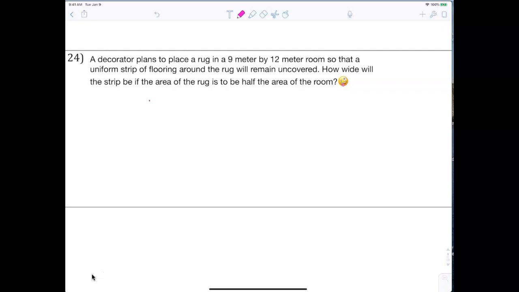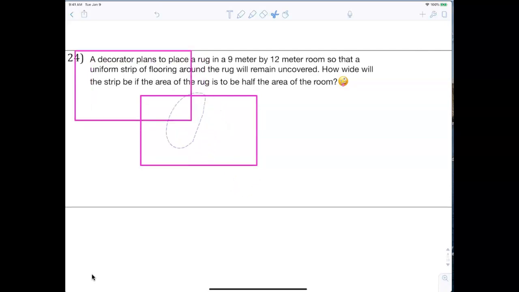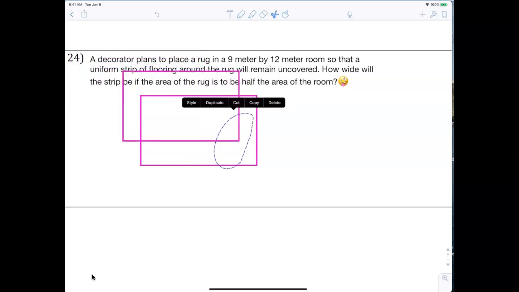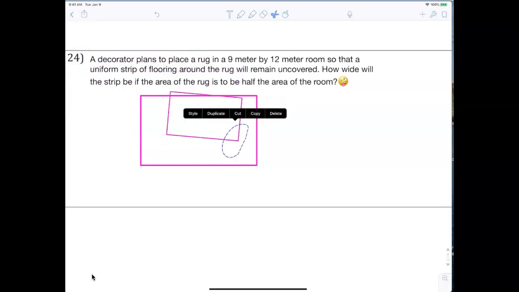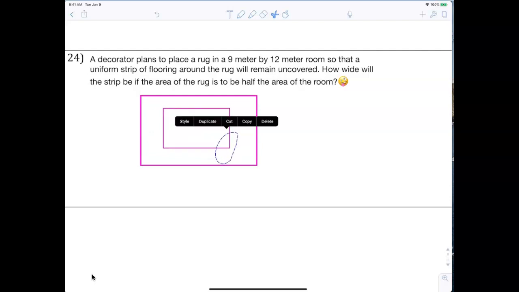So now let's make a room, and then we're going to make a rug. We're trying to put a rug in the middle of the room, so we'll have a uniform width.